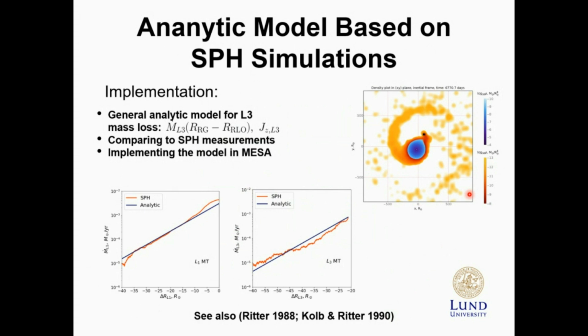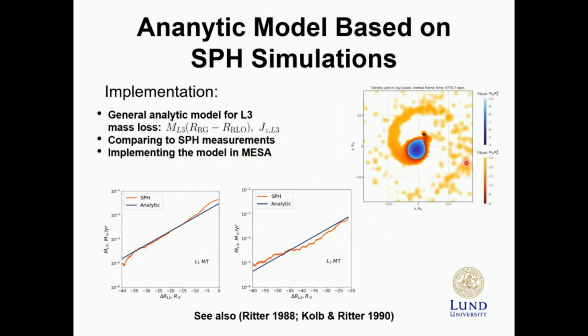We have obtained the empirical curves, but at the same time we have also constructed an analytical model for how that mass transfer rate depends on separation, based on basically the equations for hydrodynamics, and just analytically derived how much mass is supposed to be lost.